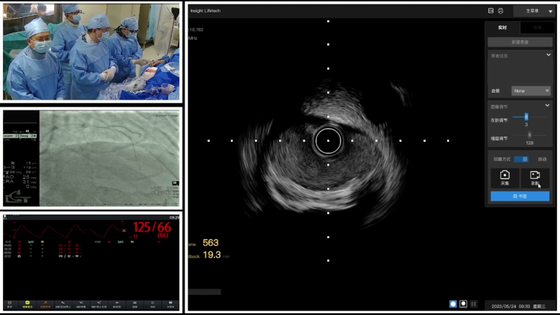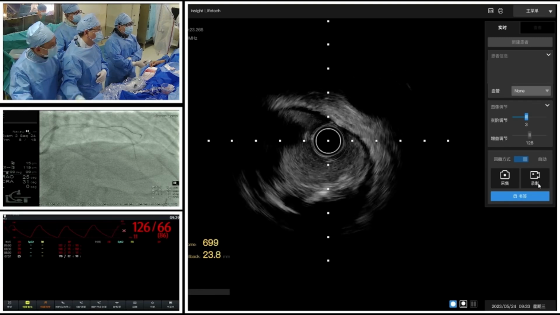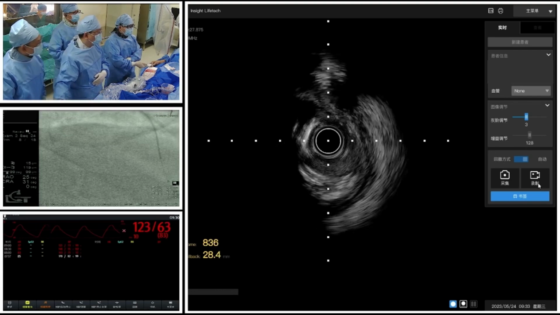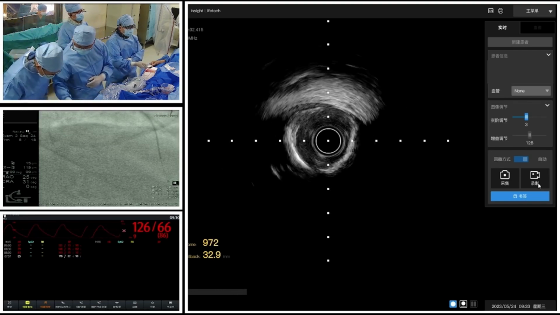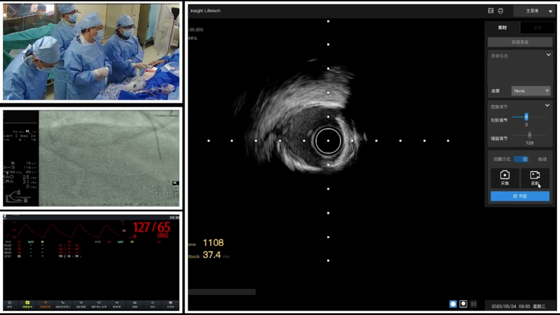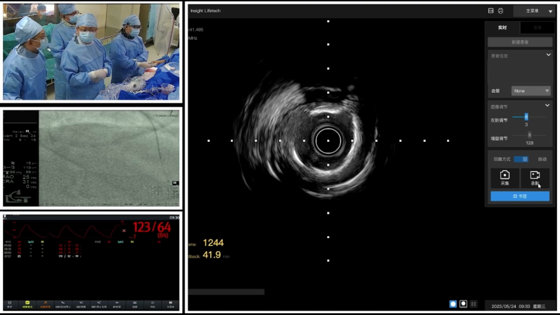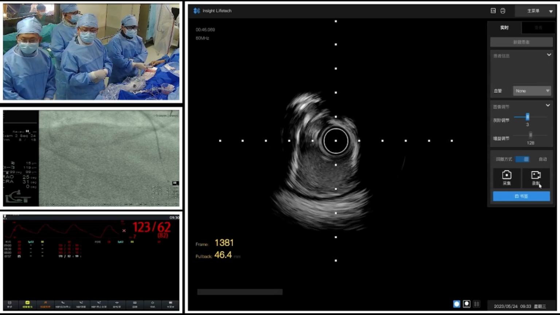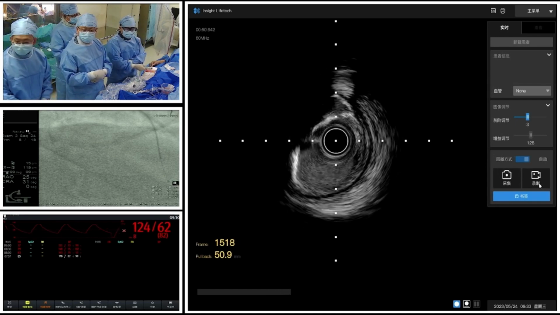So we chose rotational atherectomy to modify the calcification. Then we performed intravascular imaging, and next we performed intravascular lithotripsy.